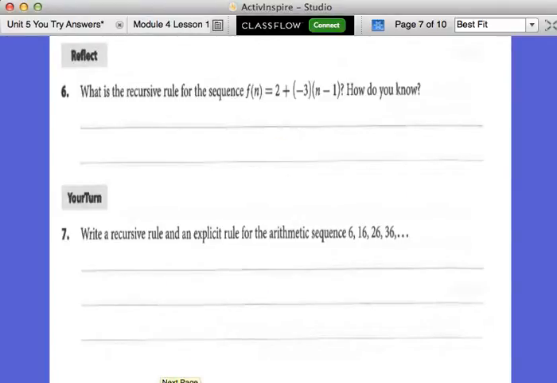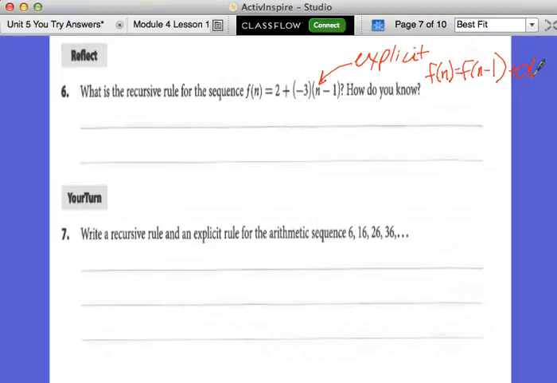Okay, so what is the recursive rule for the sequence f of n equals 2 plus negative 3 times n minus 1, and how do you know? Since it doesn't have the f of n inside, you know that this is your explicit rule. And we want to figure out our recursive rule. Well, we know the recursive rule is always f of n equals f of n minus 1 plus my common difference.